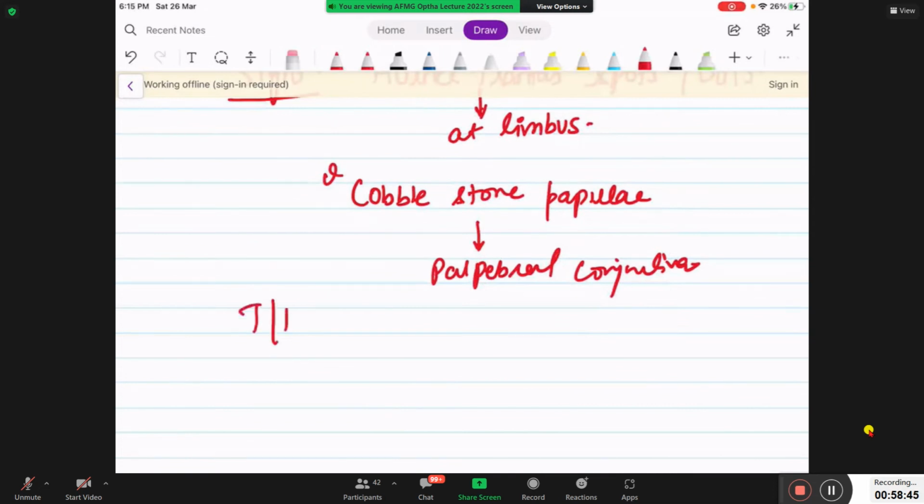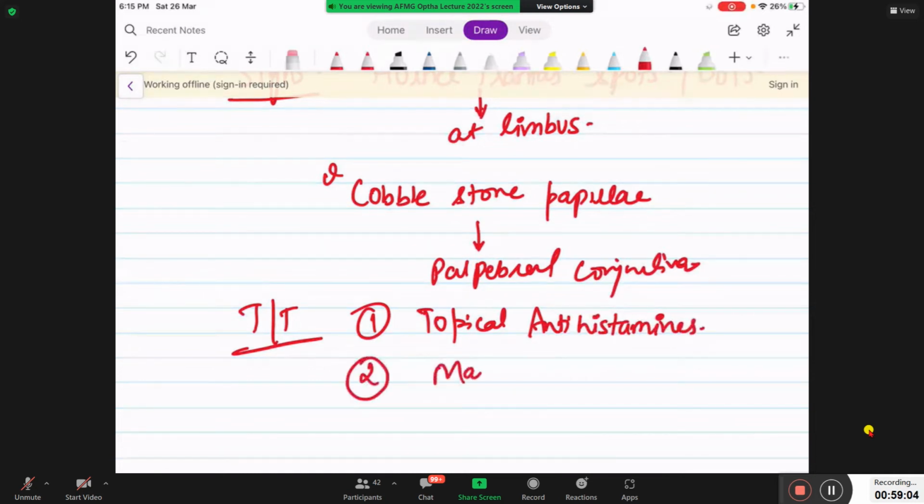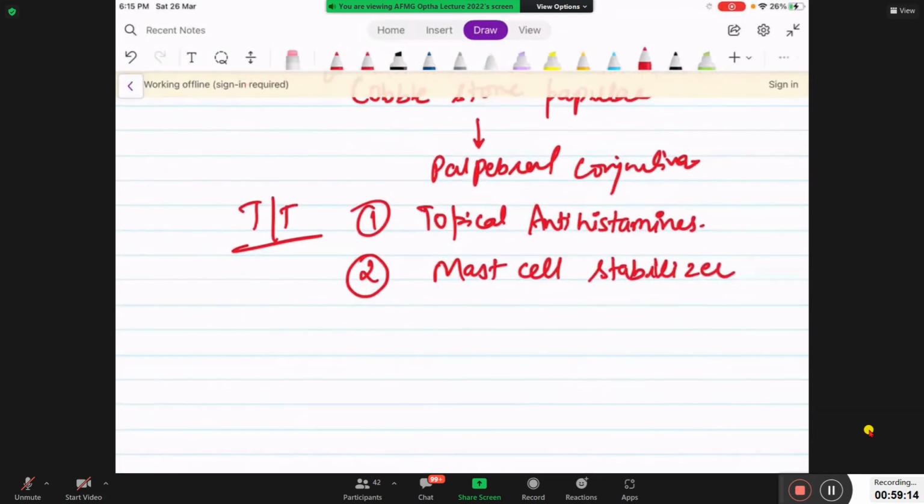Now, management or treatment is also very, very important in VKC. Write down. First, we give topical antihistamines. Second, we give mast cell stabilizers.